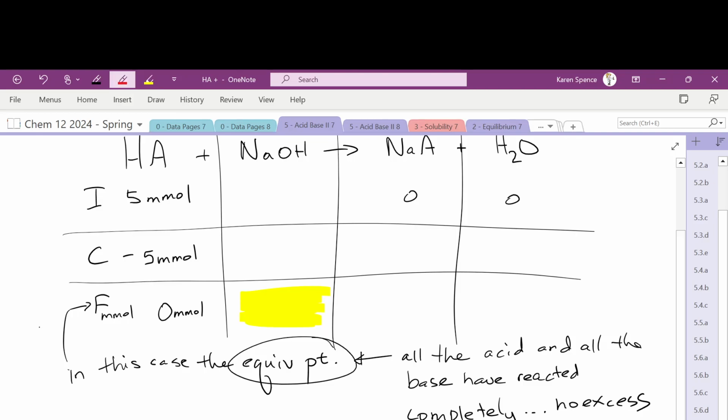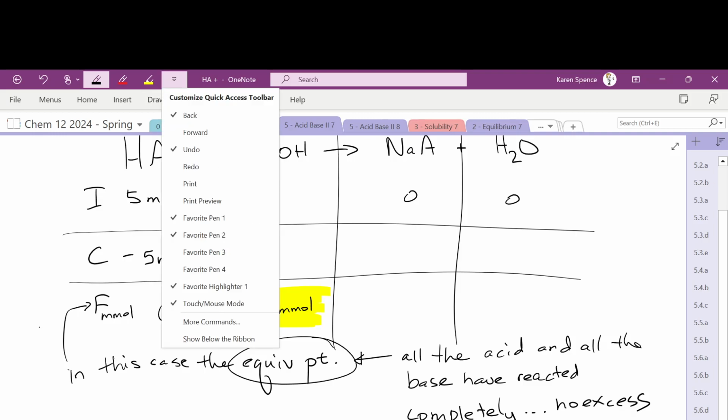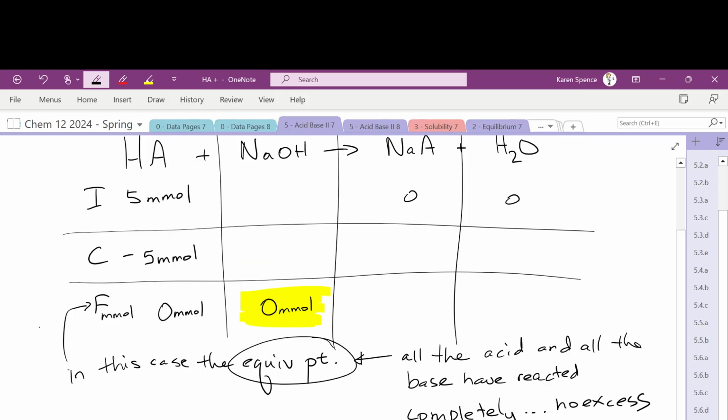The reactants are all gone at the equivalence point. I'm going to just keep saying it over and over until it stinks in a little bit, okay? So we have 0 millimoles. Now, you know the change in HA was minus 5 millimoles. So what is the change in NaOH?